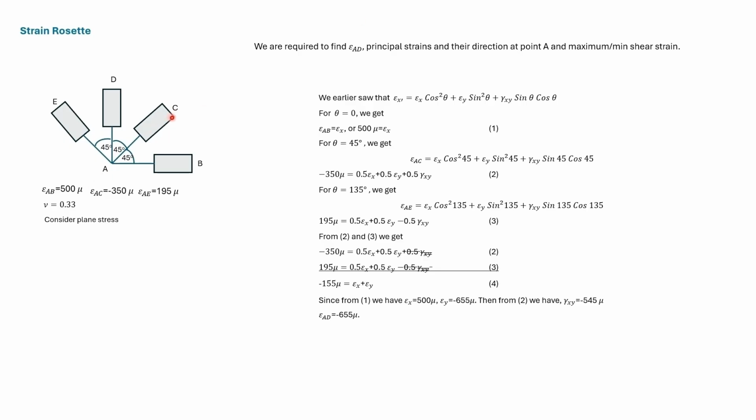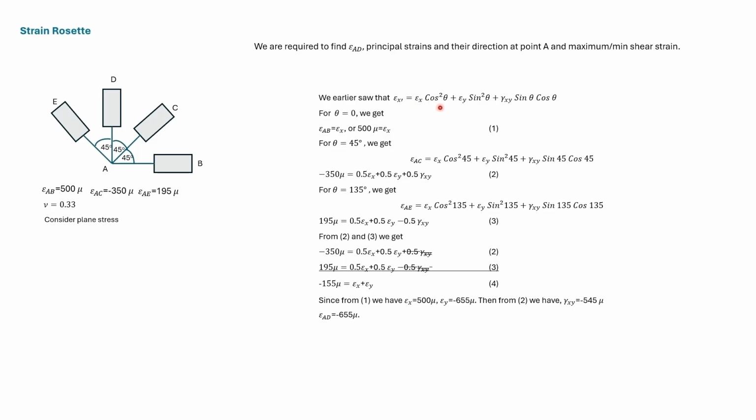For AC, theta is 45 degrees. In this equation with theta equal to 45, epsilon x dash becomes epsilon AC. So substituting values, we get equation 2.